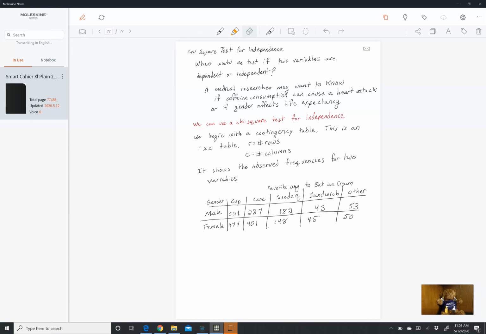And what we can say here then is 504 males prefer ice cream in a cup. 148 females prefer ice cream as a sundae.